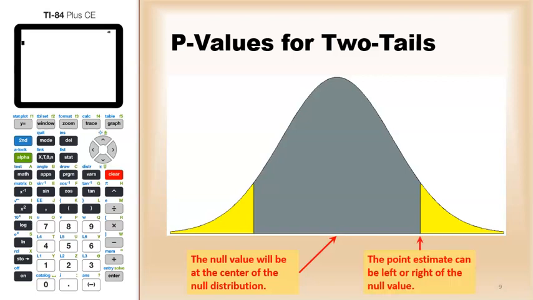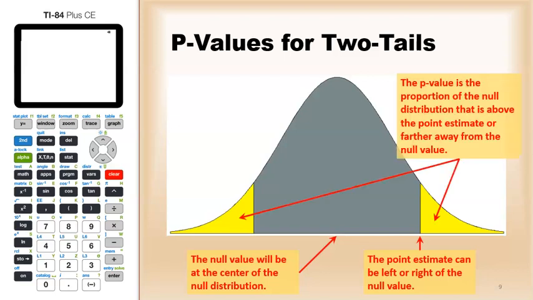And then somewhere along that horizontal axis is going to be the point estimate. The point estimate could be to the left or to the right. Either way, the proportion that's above and farther away from the center is known as the p-value. So the p-value is the proportion of the null distribution that is above the point estimate or farther away from the null value.